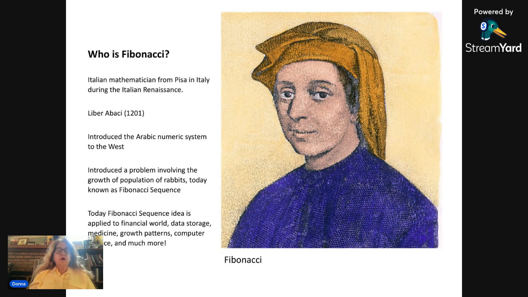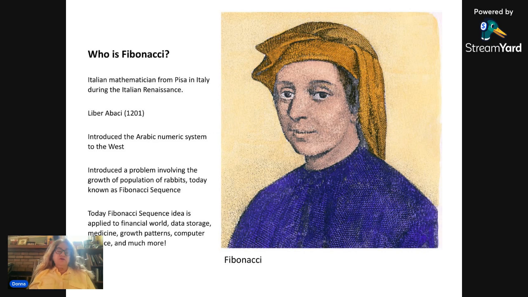In that book, he discussed many mathematical topics, but two of the most important ones were going from the Roman numeral system to the Arabic system of numbers that we use today. And he also involved a problem involving rabbits and how they multiply. And today it's known as the Fibonacci sequence, named after him.